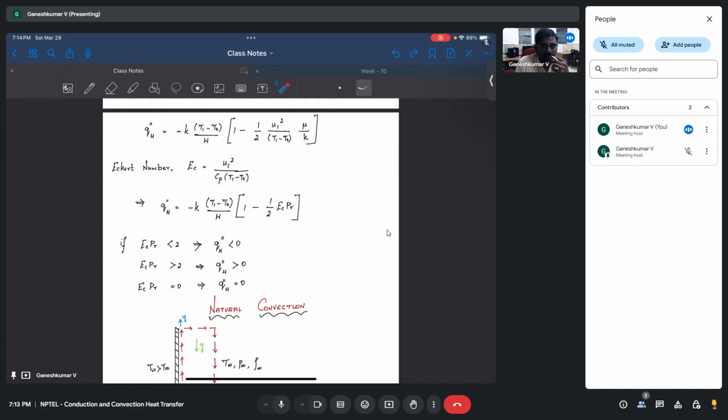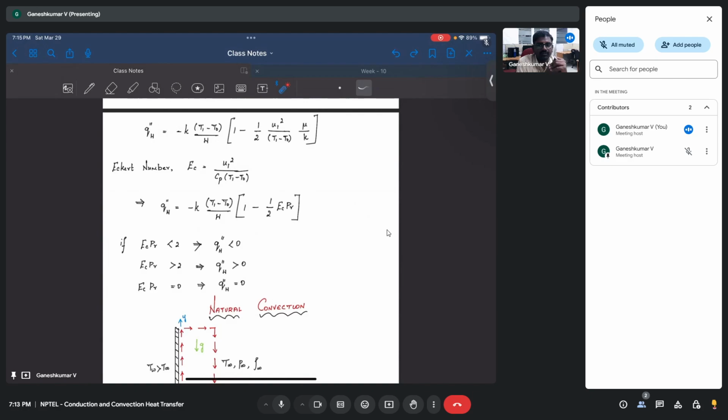Cp delta T is nothing but the thermal energy, and u square by 2 is the kinetic energy of the fluid. So when you have an Eckert number very much greater than 1, then your kinetic energy becomes more than thermal energy, so you need to consider viscous dissipation.